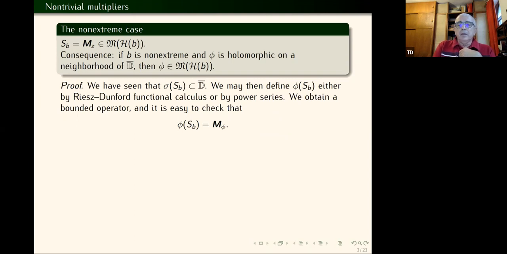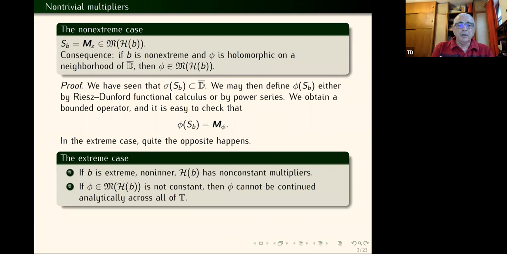So we may define phi of S_B, either by the Riesz-Dunford functional calculus, where you take an integral around the spectrum, or maybe the simplest way is to do it by power series, and we obtain a bounded operator. And it's quite easy to check, especially with the power series approach, that it's precisely M_phi. Okay, so we have a good deal of multipliers in this case.